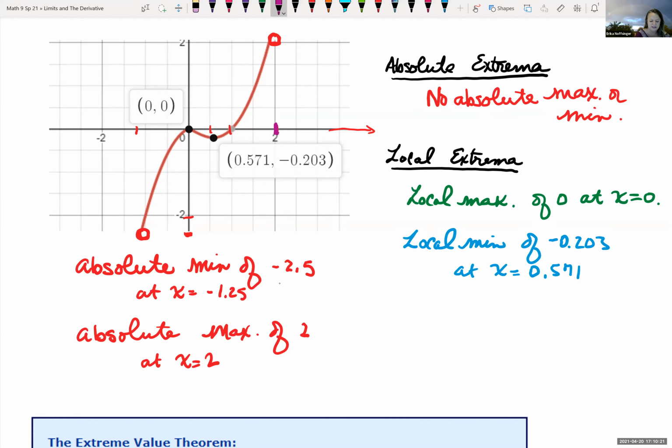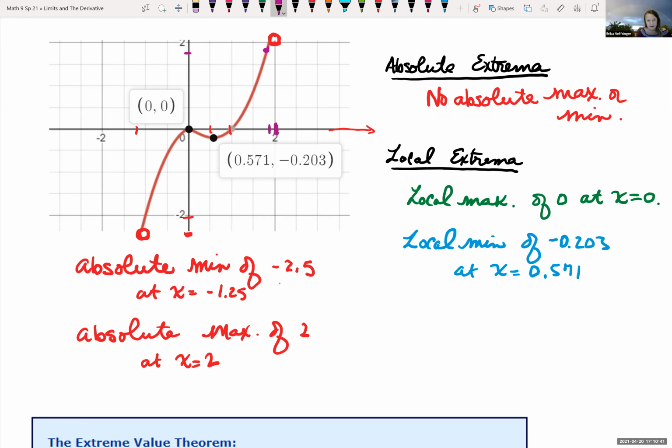So if I gave you, let's say, 1.9, that y value would give me almost 1.9. But we could choose some x value that's even closer to 2. So let's say 1.91. That would give me an even higher y value. So I could keep playing this game.